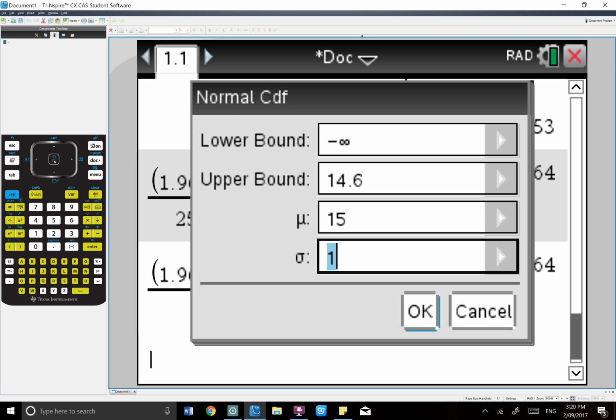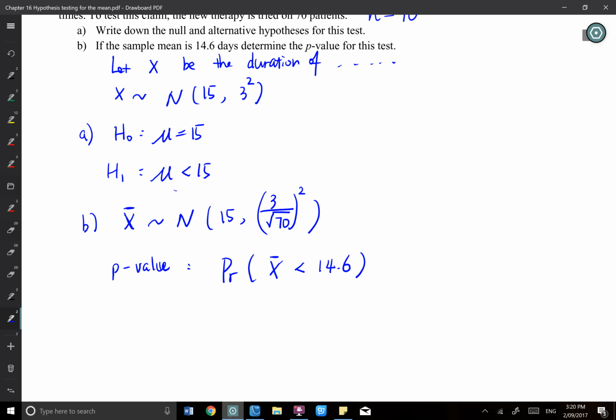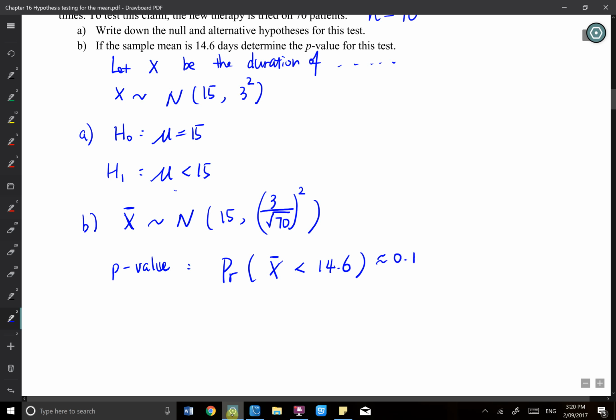That's mu, and the standard deviation is, what's the standard deviation? 3 divided by the square root of 70. That probability is 0.1323. That is the p-value, 0.1323.